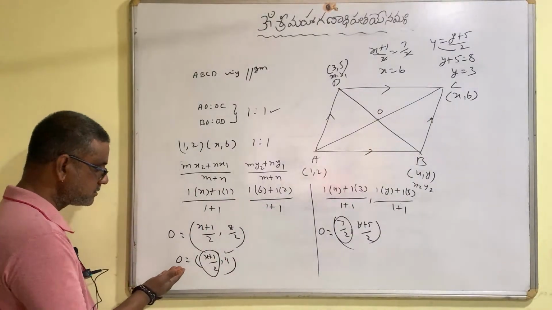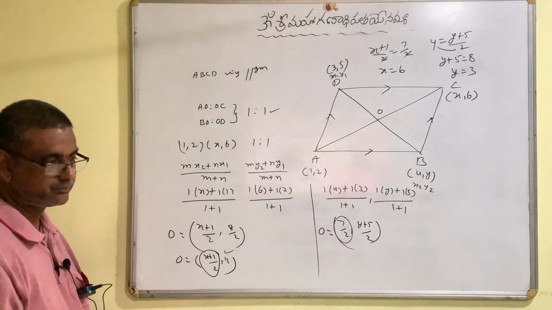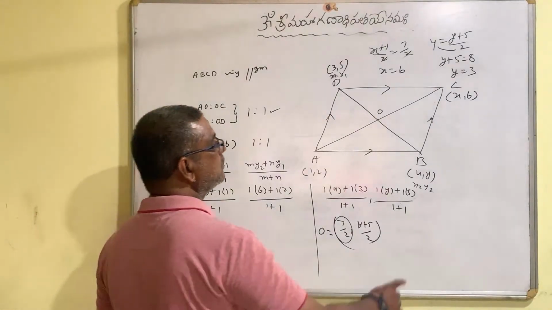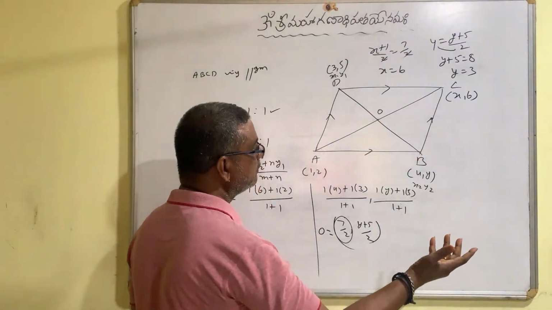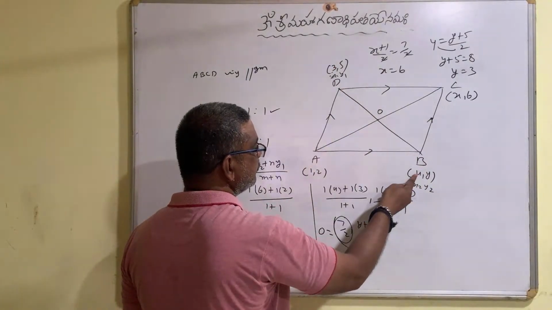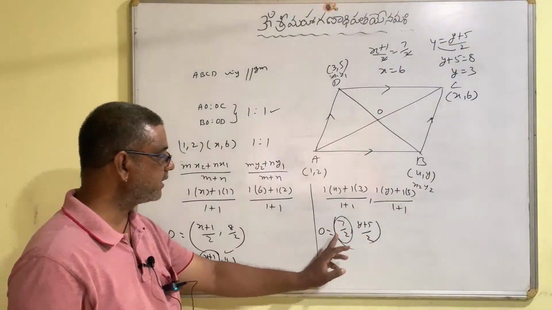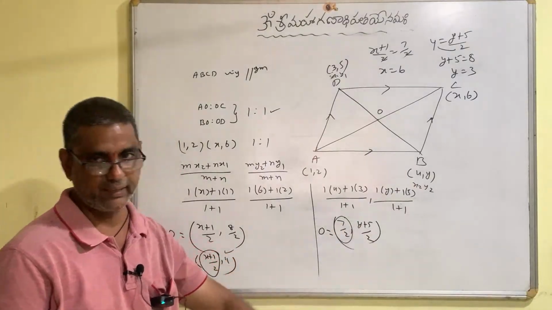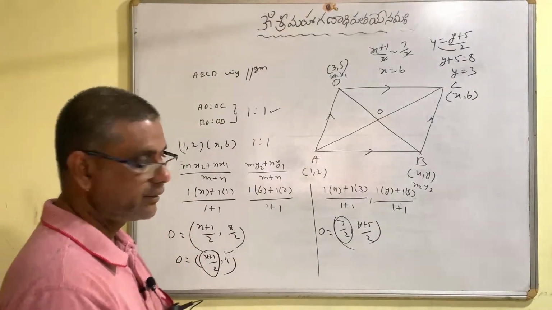So we apply the section formula to find O using vertices A and C. We get that the coordinates of O are (x+1)/2 comma 4. Now to find the same O with the same ratio, but using different coordinates, 4 comma y and 3 comma 5, we got 7/2 comma (y+5)/2.